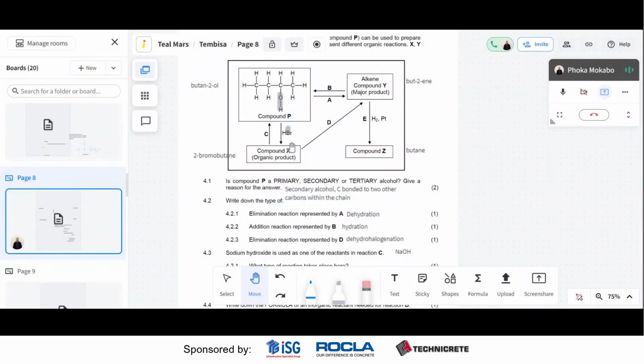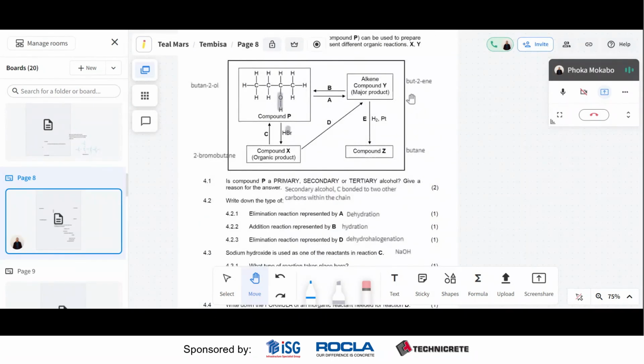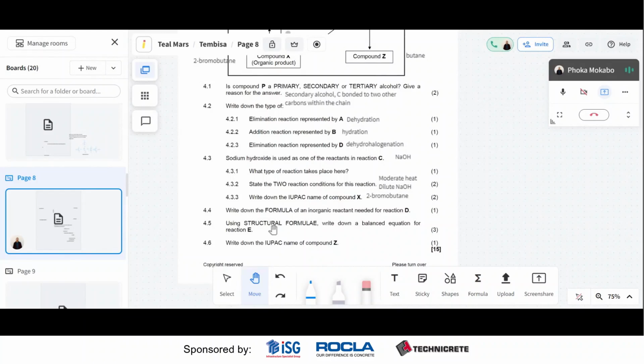Not only that, but would take a hydrogen along the way with it, and you would end up with an alkene, right? And so the formula of an inorganic reactant would be NaOH. Had they said as a condition, you would have then had to answer that it would have to be concentrated sodium hydroxide, but they did not.